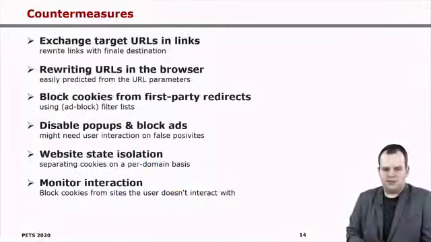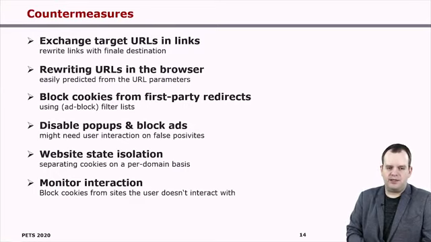So let's talk about countermeasures. There are a few ways how we can counter this type of tracking. For example, we can try to rewrite target URLs and links. When you have a website loaded in your browser, then in your DOM, there are certain links, that means A tags, that point to known redirect trackers. And for some of those redirect trackers, it's actually possible to guess the final destination of the link without having to contact the redirect tracker.